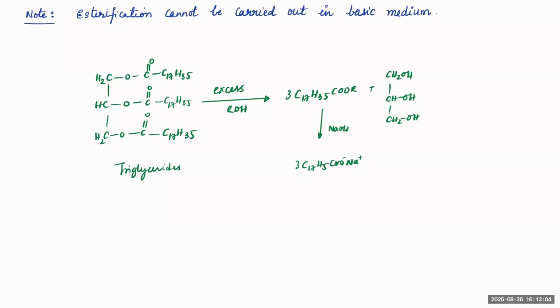Got it? Now, once you get this ester form, if you react with NaOH, that will convert into 3 moles of this acid salt. These are called fatty acids. These are the deposits which will cause blocks in the blood.